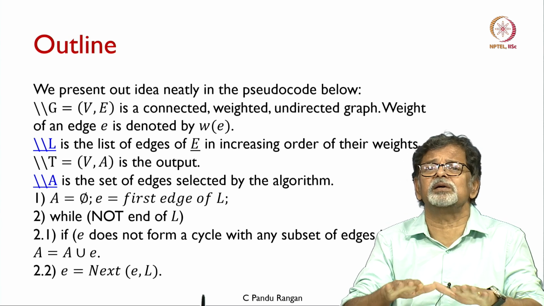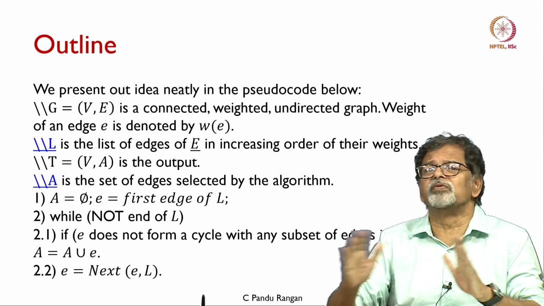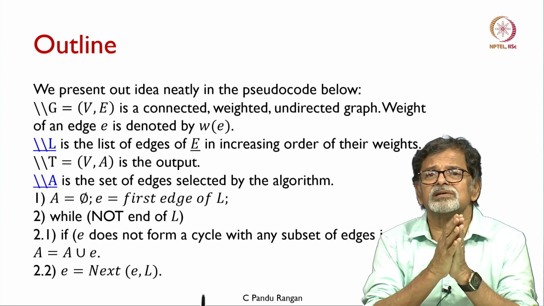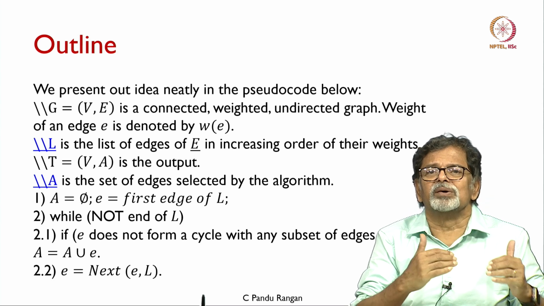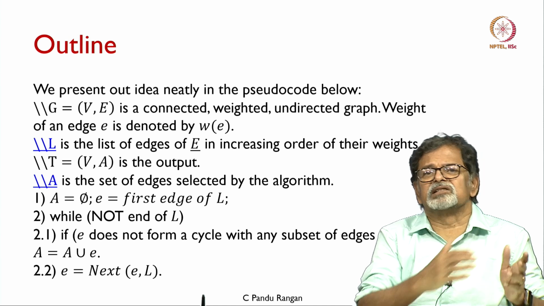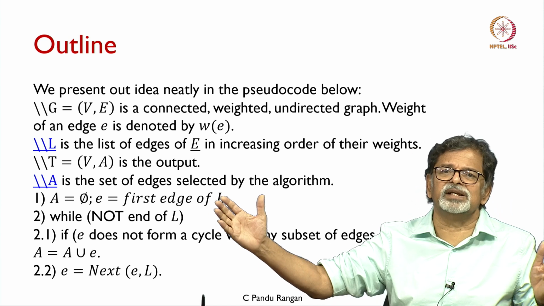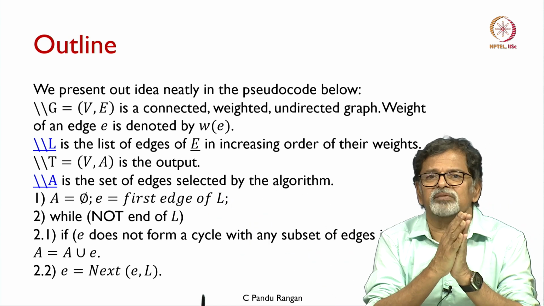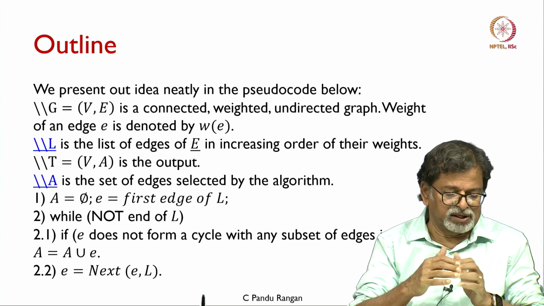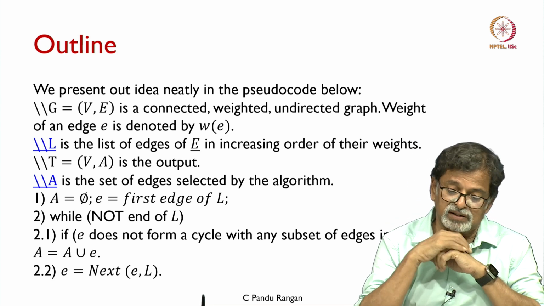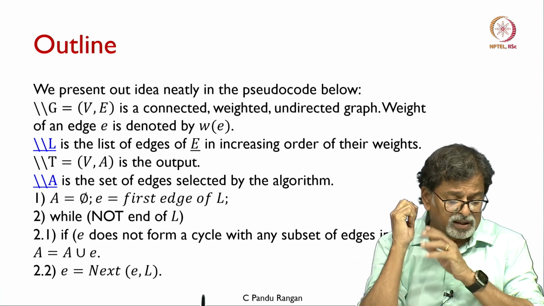So this is a pre-processing step. Even before the algorithm starts, whatever is the kind of input given to you, first you have to build L. Consider all edges and sort them in the increasing order of their weights, and our algorithm is going to work on L.